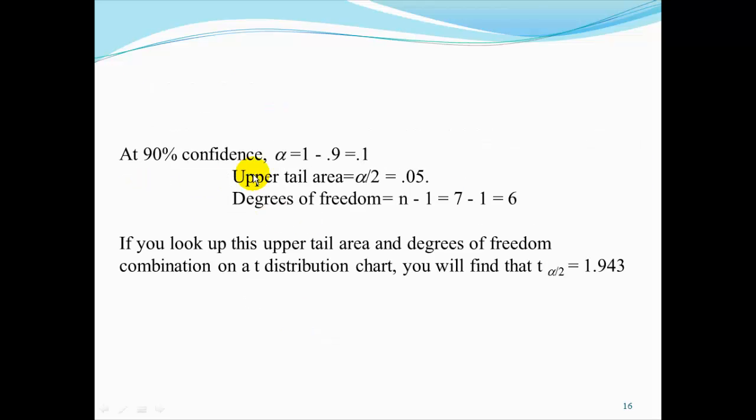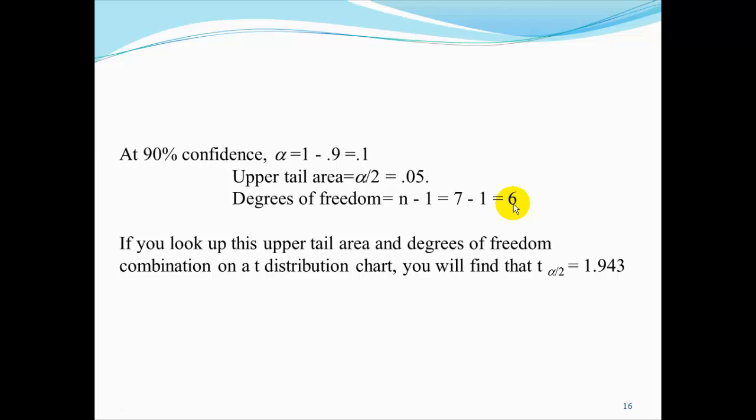Now we need to determine our t alpha over 2 value, and at 90% confidence, our alpha value is 1 minus 0.9, which equals 0.1. Our upper tail area, alpha over 2, is equal to 0.1 divided by 2, which gives us 0.05. And our degrees of freedom, n minus 1, or 7 minus 1, equals 6.